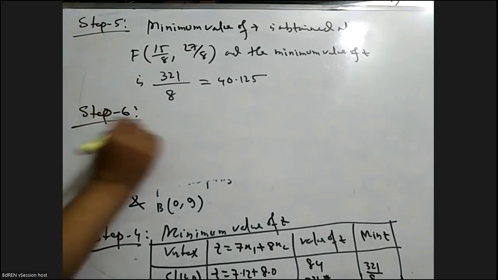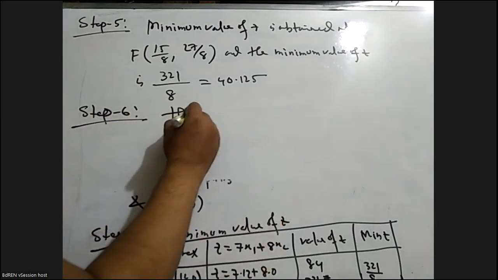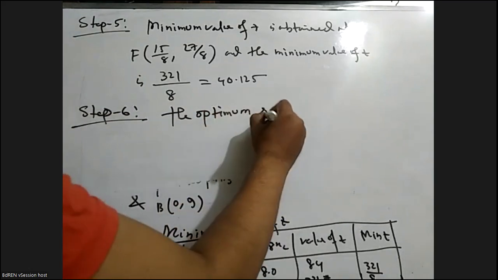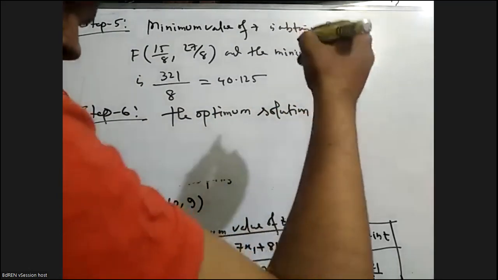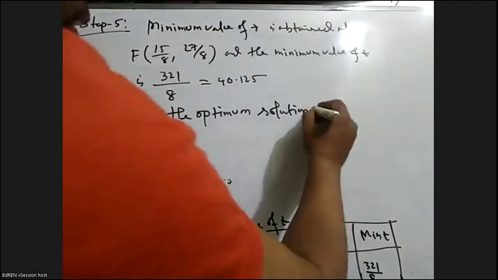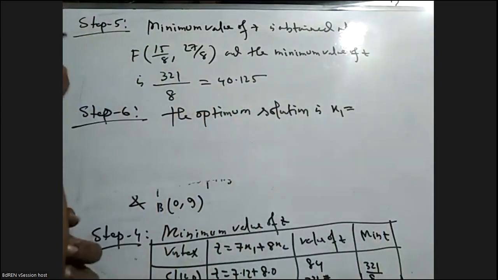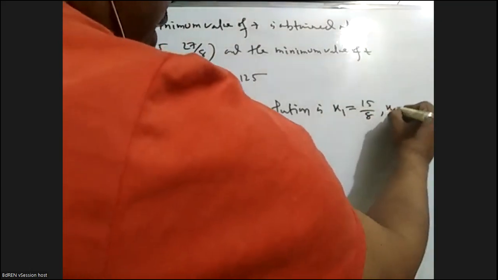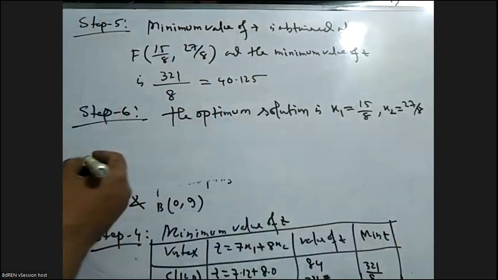Step 6. The optimum solution is x1 equals 15 by 8, and x2 equals 27 by 8.